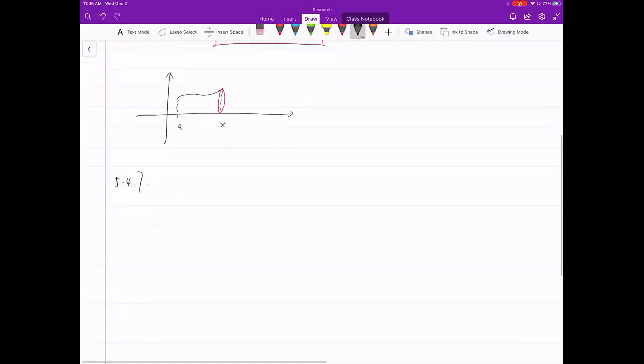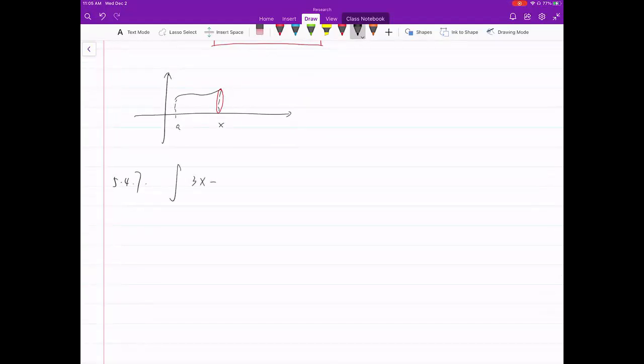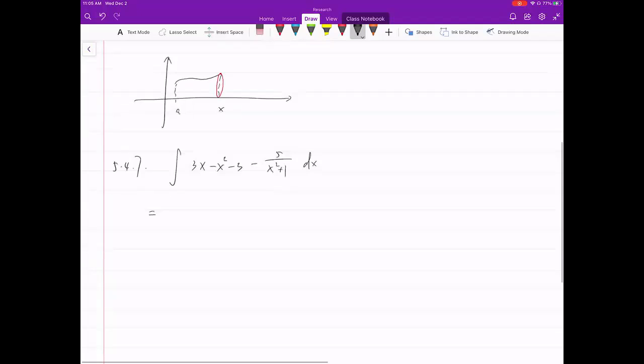What you're trying to do is find the antiderivative of this. Okay, so now you have 4 terms. By the property of integrals, you can actually split them and do each one separately. So 3 times 1/2 x squared, minus 1/3 x cubed, minus 3x, minus 5 times... do you remember the antiderivative of this?